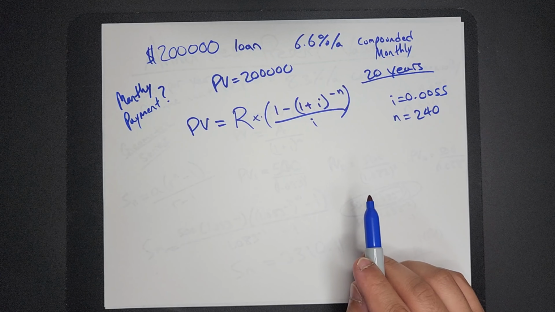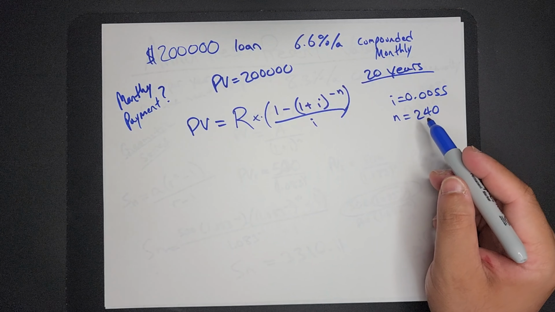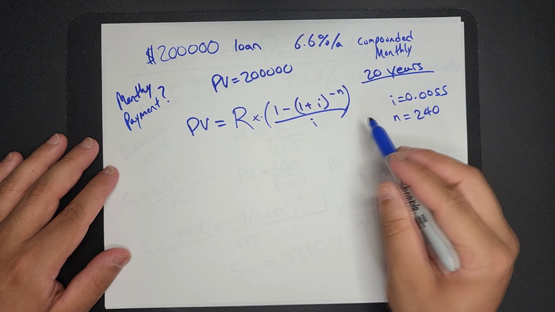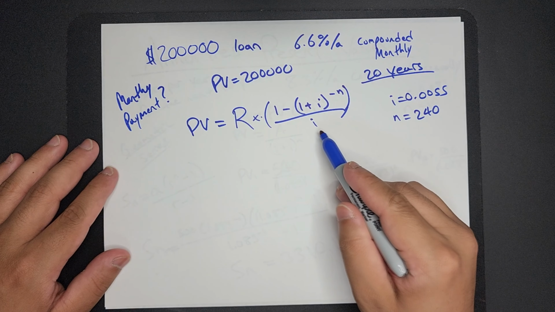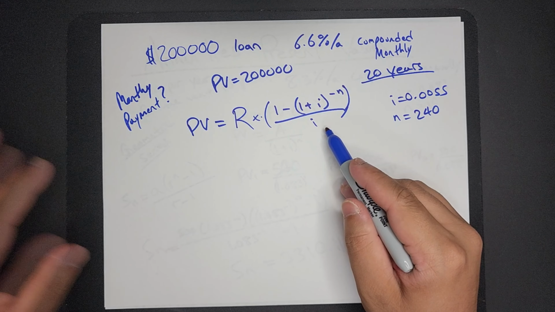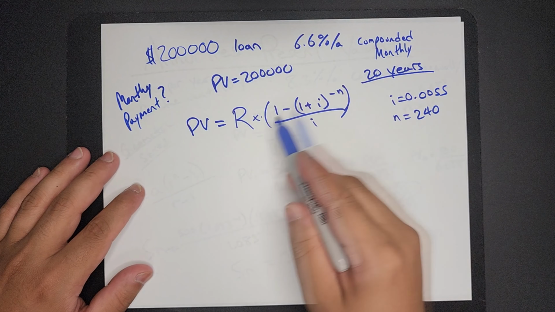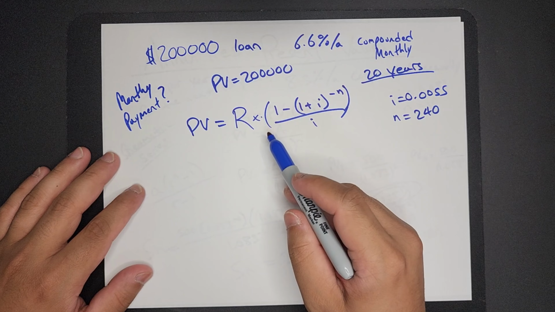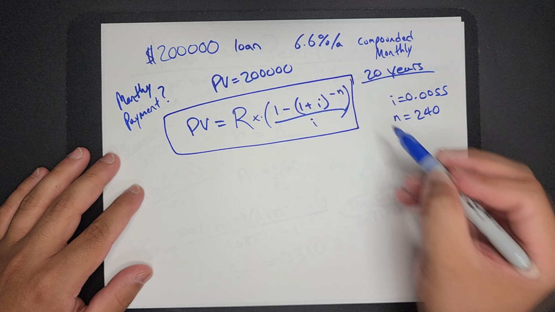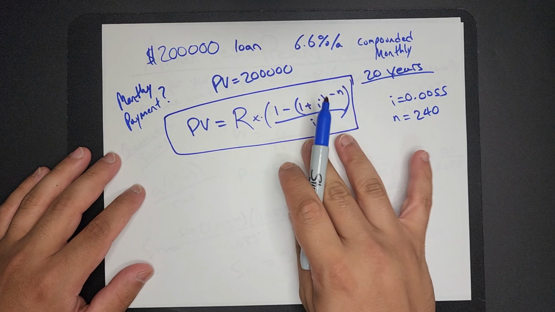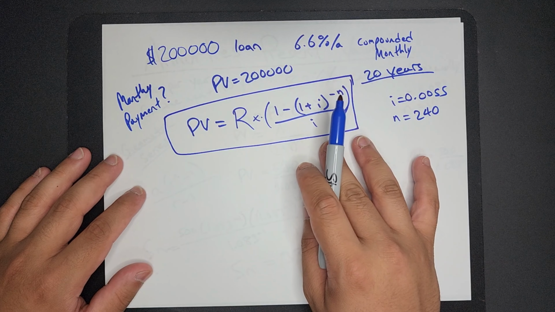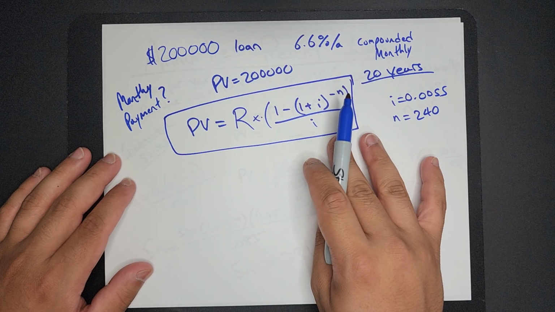Now that I have all this information calculated, I have my n and my i. I'm going to start substituting. Oh, I don't think I explained this formula. There's a long derivation for it, but this is the formula for the present value of an annuity.